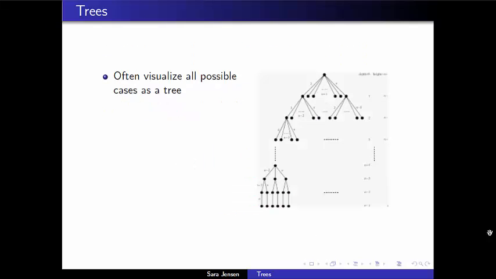Because we could never really go through all cases by hand, and that's the reason we're having a computer do it, we tend to take a step back from the program and try to visualize exactly what the computer is doing without having to do it ourselves.